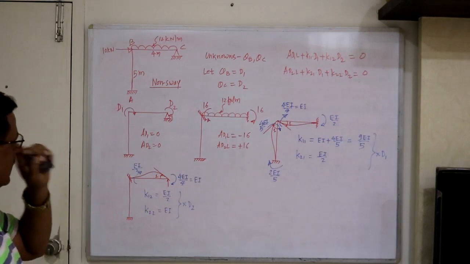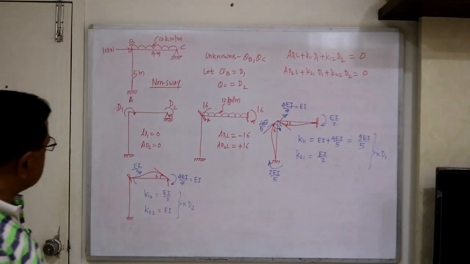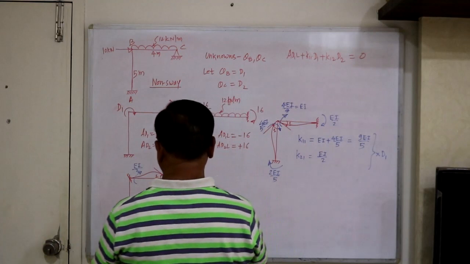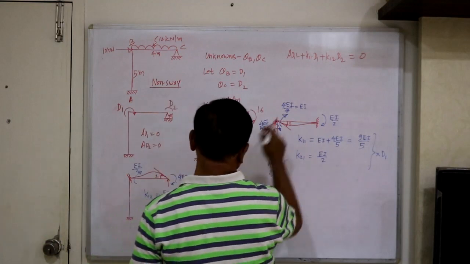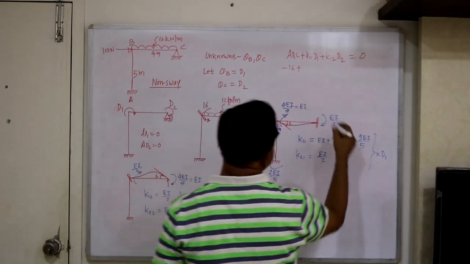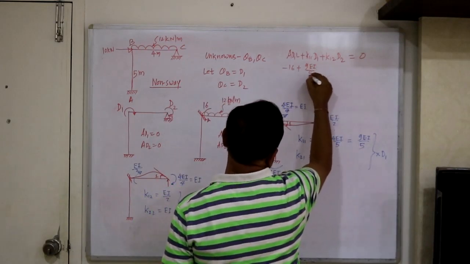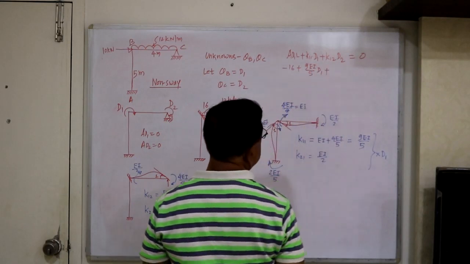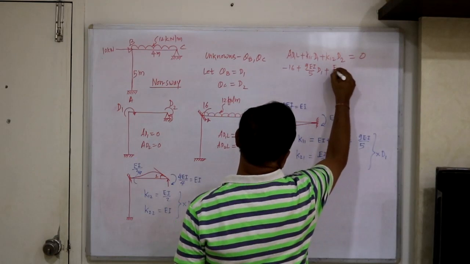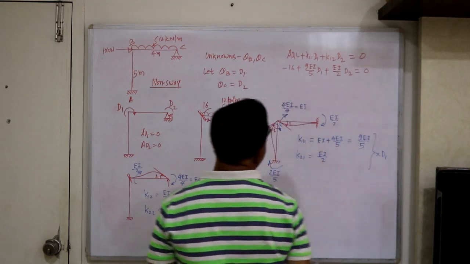Anyway, calculations are simple. AD1L is minus 16 plus K11 is 9 EI by 5 D1 plus K12 is EI by 2 D2 equal to 0.